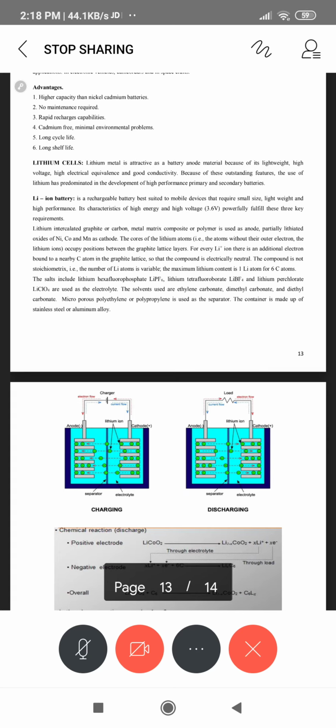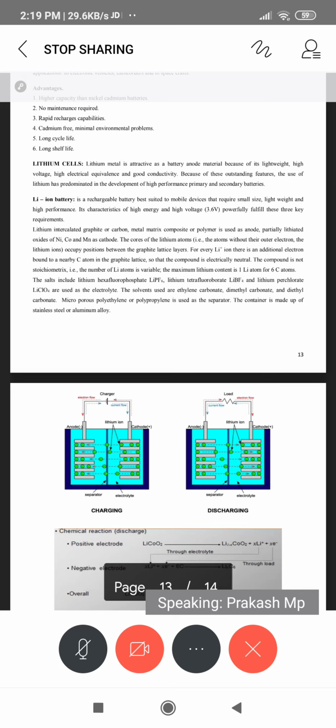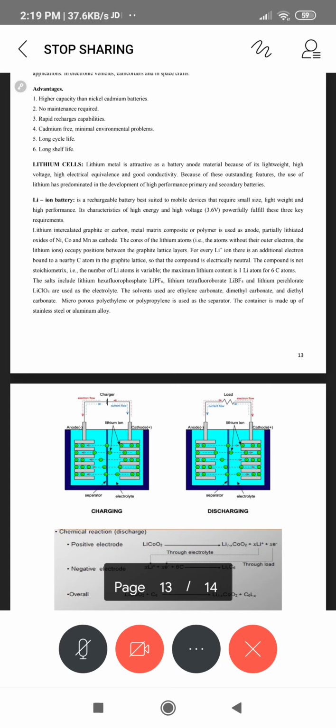The cell notation is lithium carbide LiXC6 bar LiPF6 bar lithium cobalt oxide. Everything can be kept in a container covered by aluminum and cobalt collectors also.